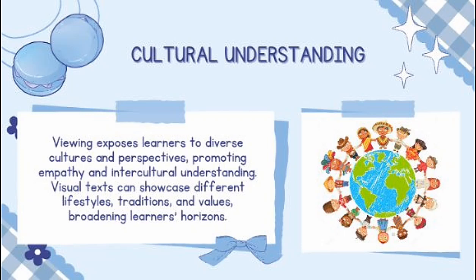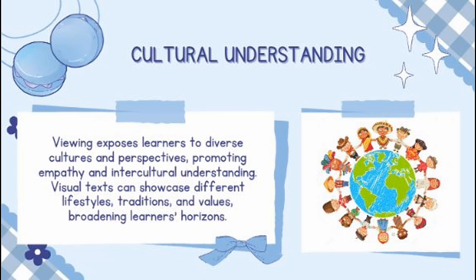Visual text can show us how people in other countries live, their traditions and beliefs, and what's important to them. This helps us see the world from different perspectives and be more understanding of other cultures. Example, imagine seeing pictures of a traditional wedding ceremony in India.